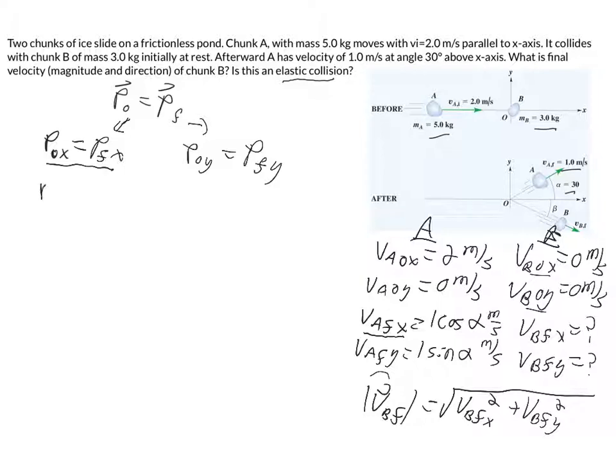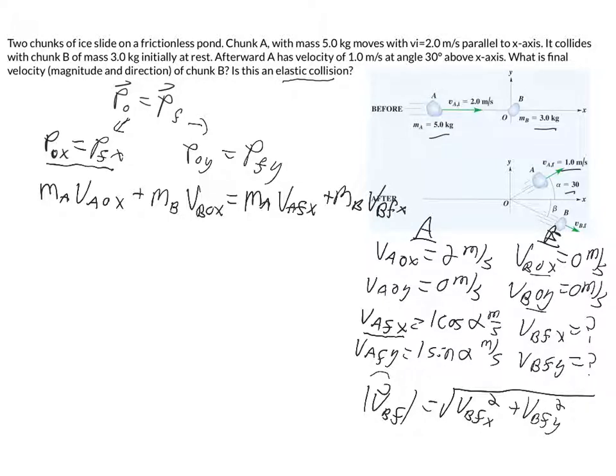So initially, we would have mass A times velocity of A initial in the x plus mass B times velocity of B initial in the x, and that would be equal to mass A times velocity of A final in the x plus mass B times velocity of B final in the x. So you would have to do everything all written out as you can see here, but we have the added advantage that this is 0, so we can ignore that, and we want to solve for VB final.